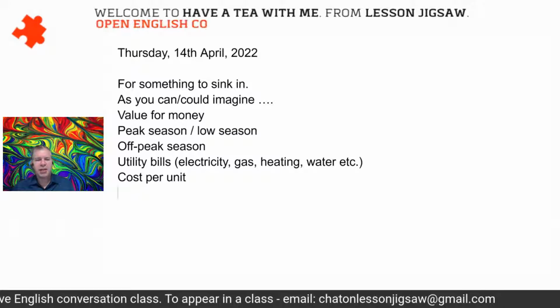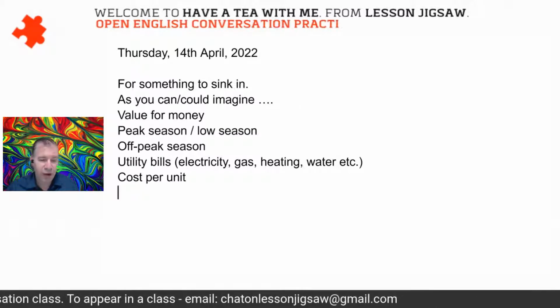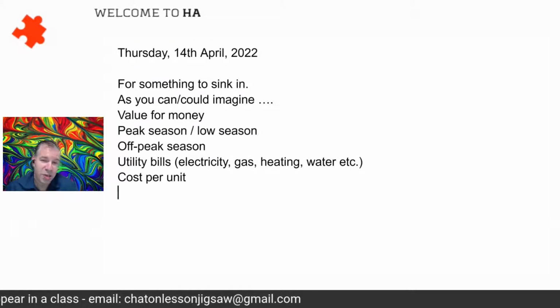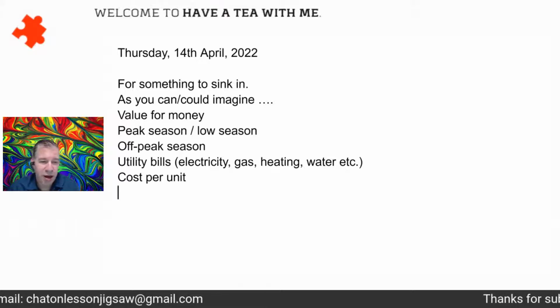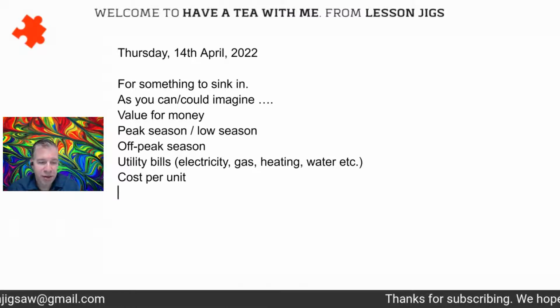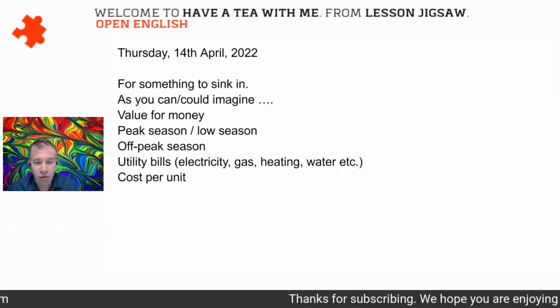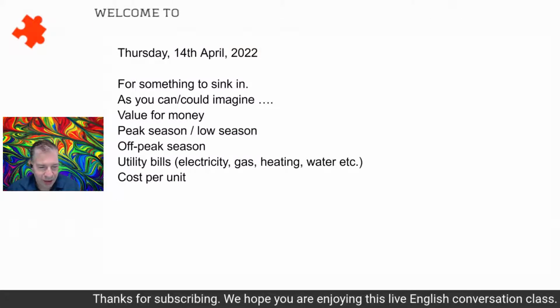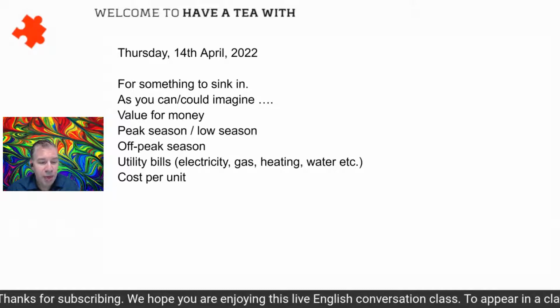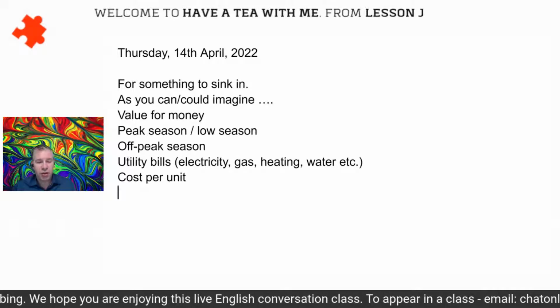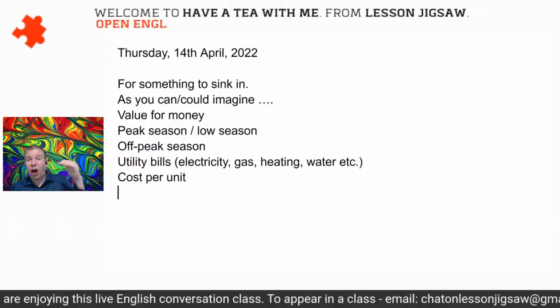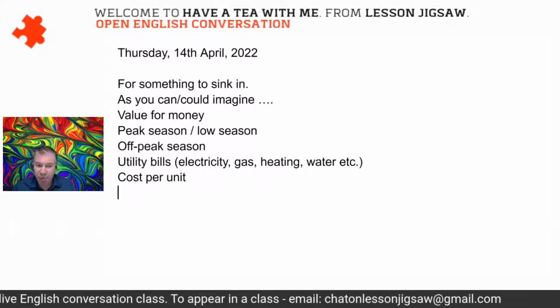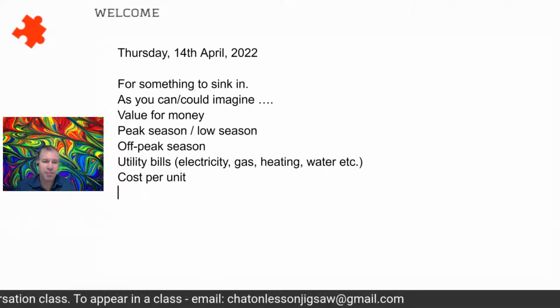I know in some places they've had crazy prices for the past year or so. But the cost per unit can be the highest at peak time. So not necessarily peak season, but peak time.